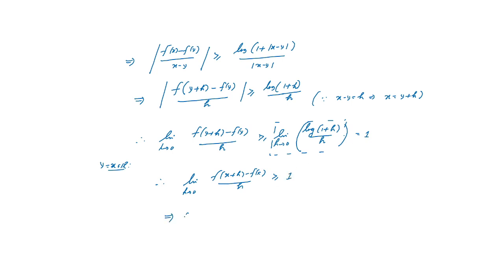So that means here f dash x, by the first principle of the derivative, is greater than or equal to 1, and that is greater than 0 for all x belonging to R. So that means f is strictly monotone increasing.